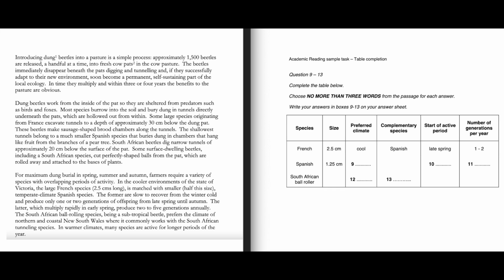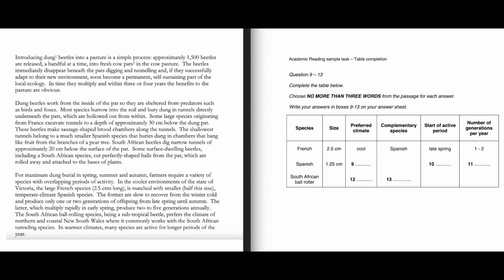Now we continue reading the text to look for the next answers. The next line says, the former are slow to recover from the winter cold and produce only 1 to 2 generations of offspring from late spring until autumn. When they say the former, they are talking about the French species. In the very next line, the latter they are talking about is the Spanish species, so whatever is coming is about the Spanish species.